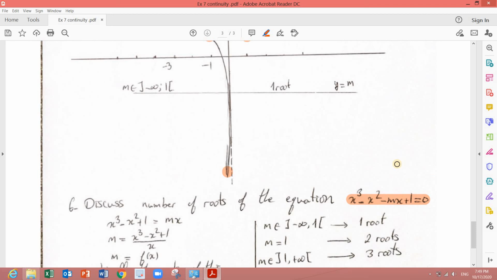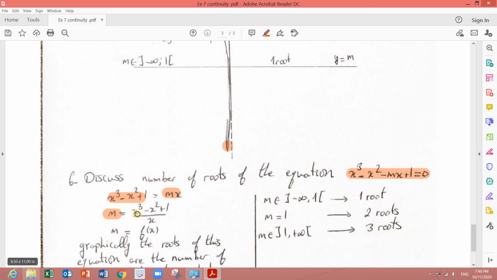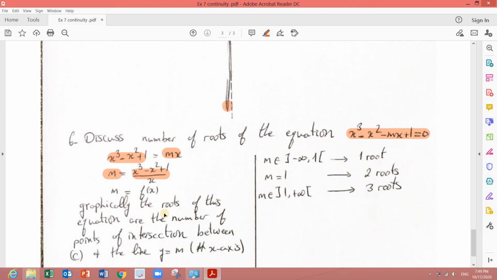Always such type of equations must be changed into the form m equals f(x). So I put x cubed minus x squared plus 1 to one side, mx to the other side, then m equals (x cubed minus x squared plus 1) over x, so m equals f(x).